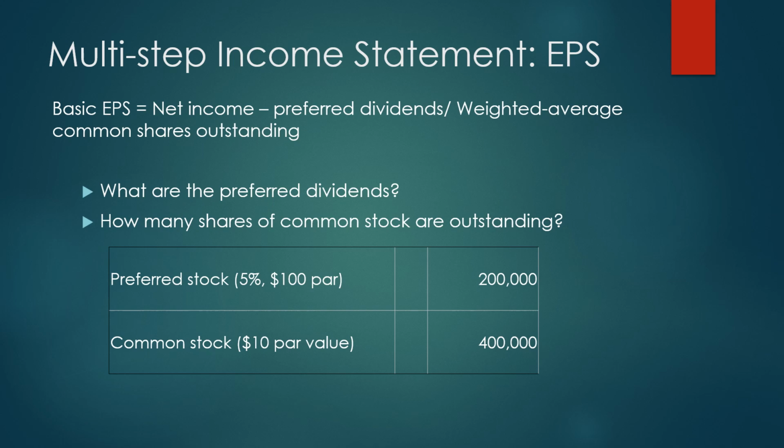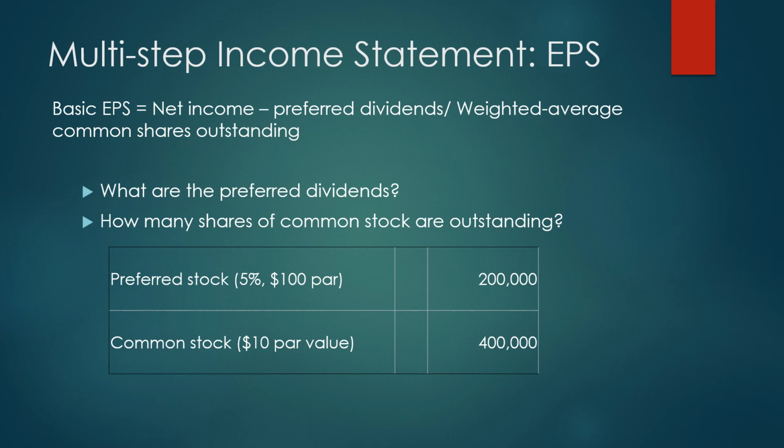Some companies don't have preferred stock, so we want to look at our adjusted trial balance, and we can see that we do have preferred stock outstanding in addition to the common stock. The preferred stock is 5% $100 par preferred stock, which means that the preferred shareholders are entitled to a dividend that's equal to 5% of $100 each year.